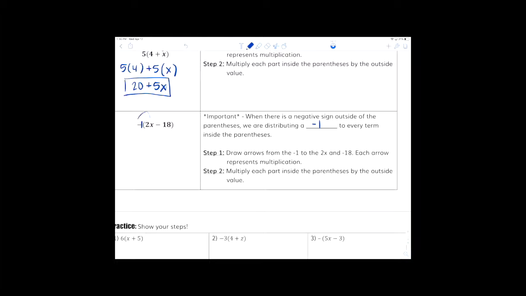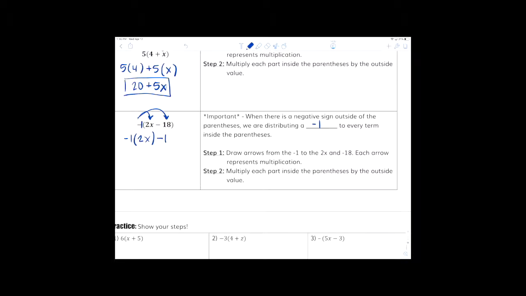Okay? So I'm going to draw my arrows again. So I have -1 times which one of my terms? 2x. Times 2x, good. And now I'm distributing a negative number, so my sign is going to be a negative because I'm distributing -1.